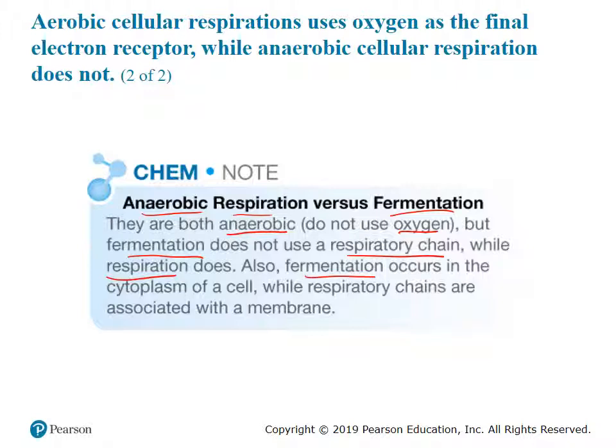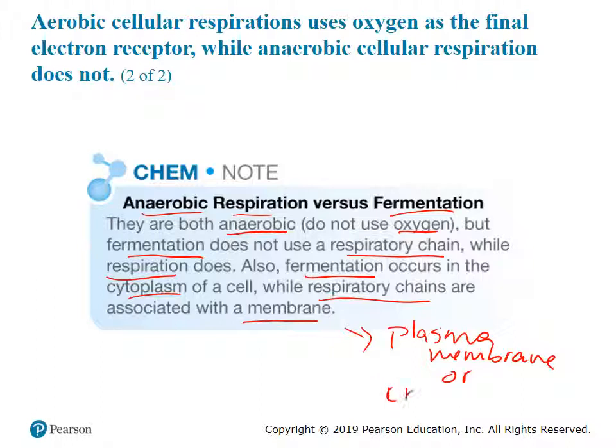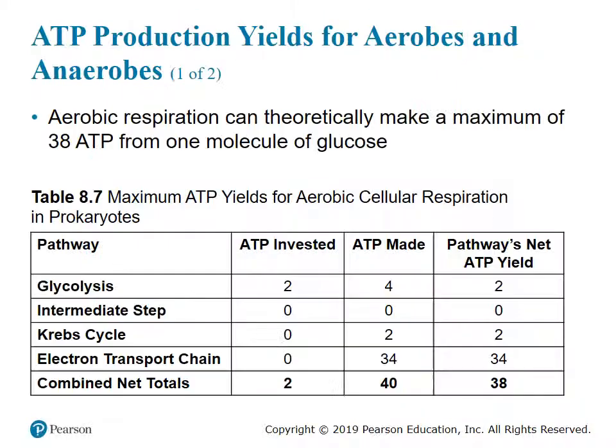Fermentation occurs in the cytoplasm, and the electron transport chain is always with the membrane, right? Whether that be a plasma membrane or the cristae of the mitochondria, right? So just kind of comparing aerobic respiration versus fermentation.